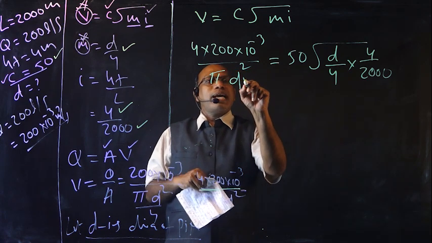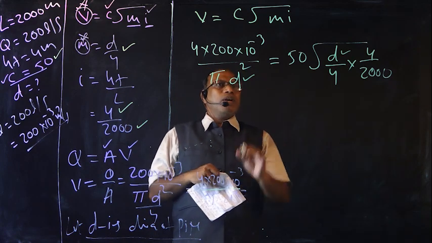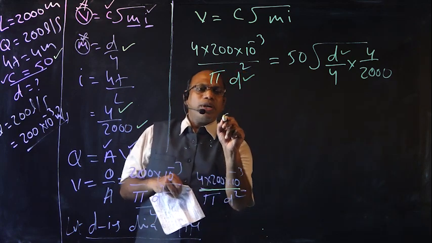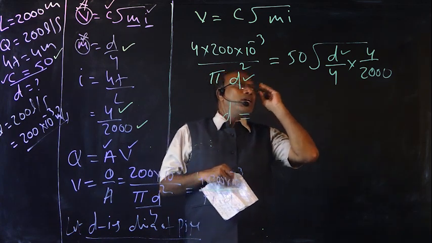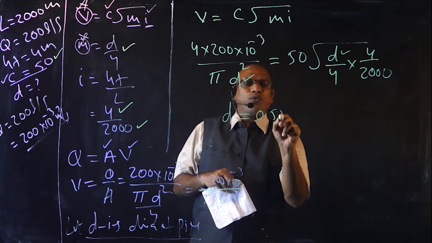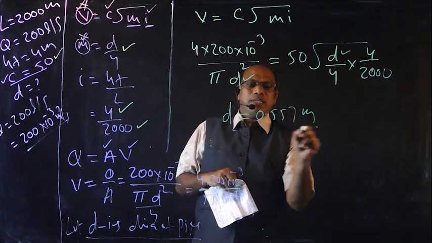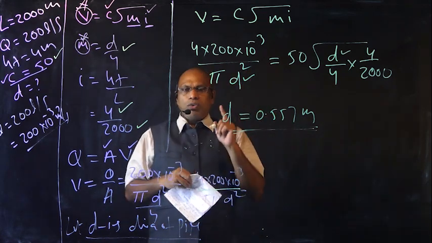Only unknown is diameter. From this equation, finally we have determined the diameter of the pipe, that is equal to 0.557 meters. Only one technique here.